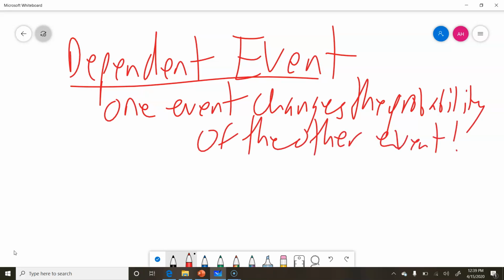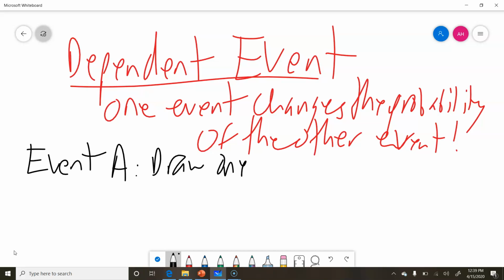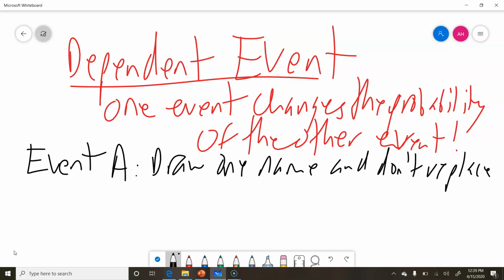Pretty amazing, thinking about one event changing the probability of the other. If you look there in their example, they say event A, let's say that we draw one name and don't replace. If we don't replace the name, that's going to reduce how many people are there.